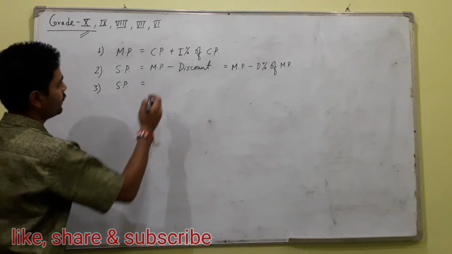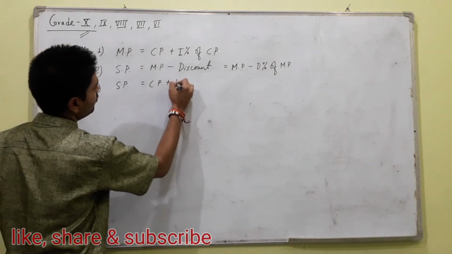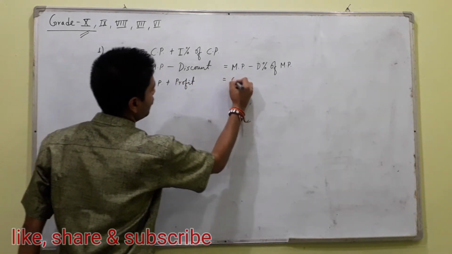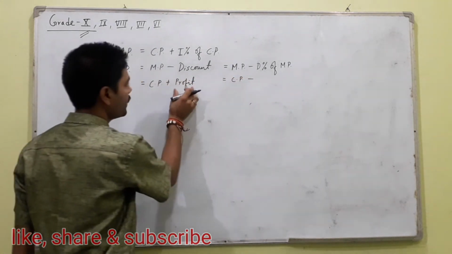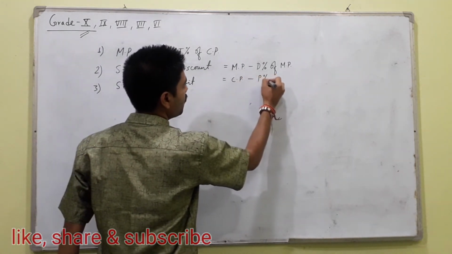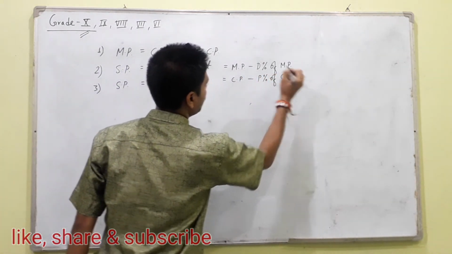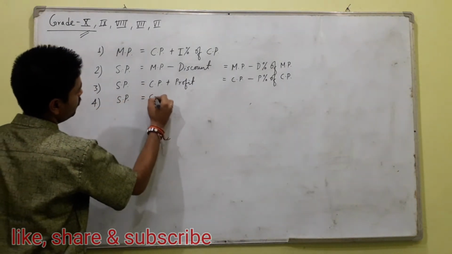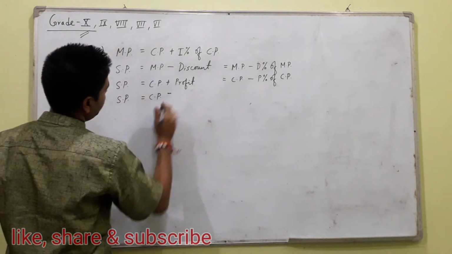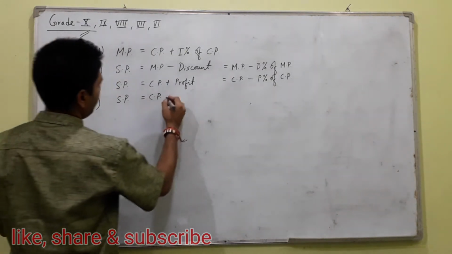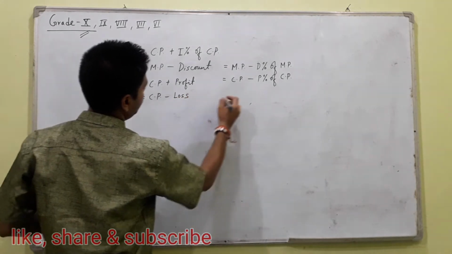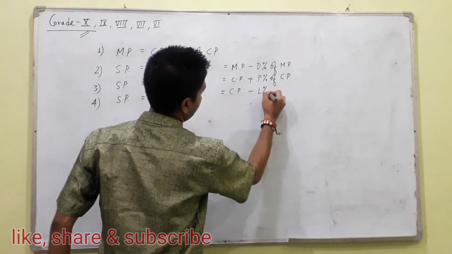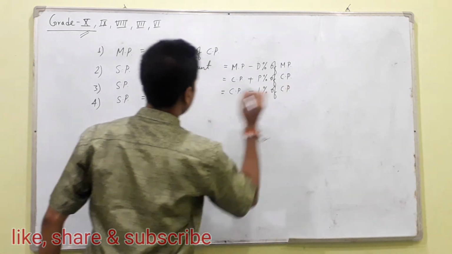If it is profit, then cost price plus profit, or if profit is given in terms of percentage, then cost price plus profit percent of cost price. Number 4, selling price equals cost price minus loss, that is cost price minus loss percent of cost price.